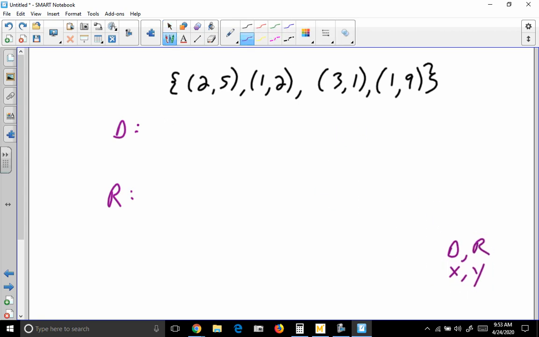So the domain is made up of a 2, a 1, a 3, and a 1. But we've already written a 1, so we don't have to write it twice. The range is made up of a 5, a 2, a 1, and a 9. So those are all of the y values.